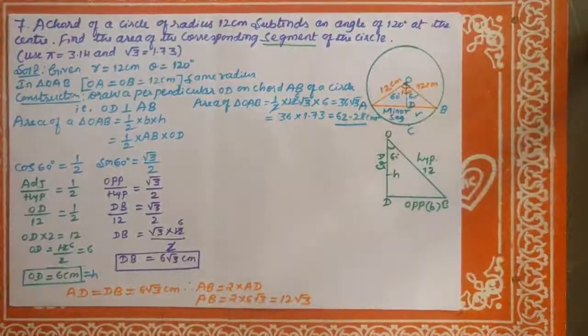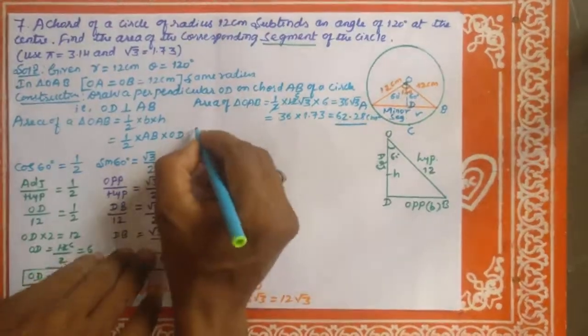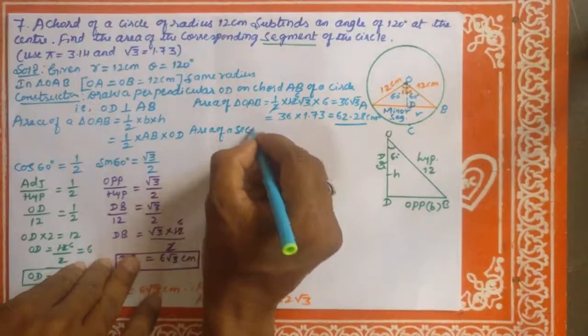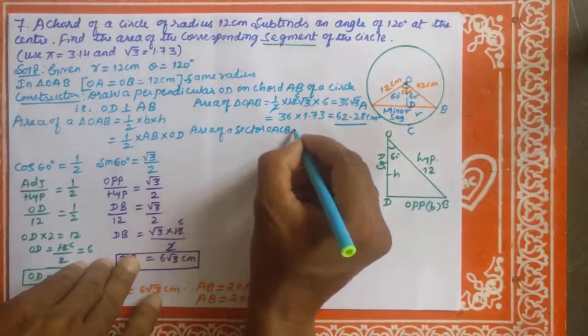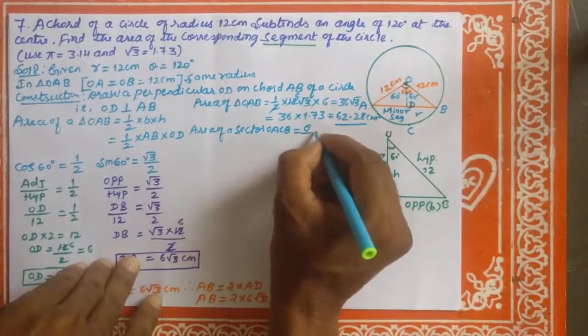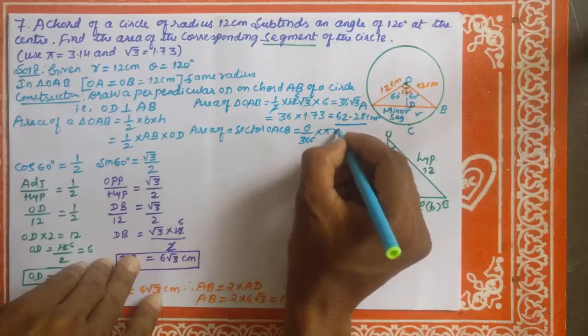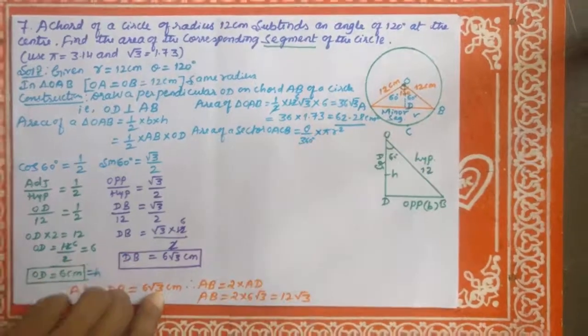Now, area of a sector OACB is equal to, what is the formula? Theta divided by 360 degree into pi r square.